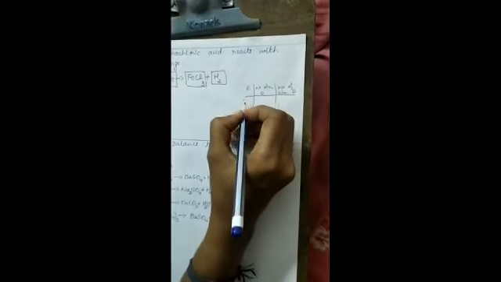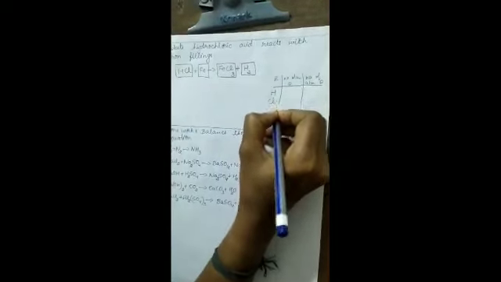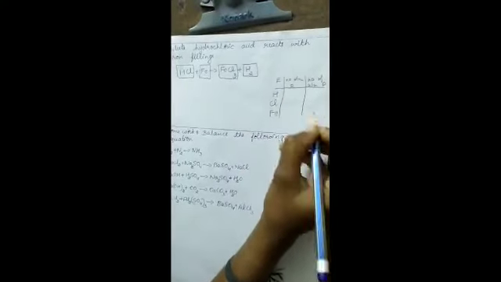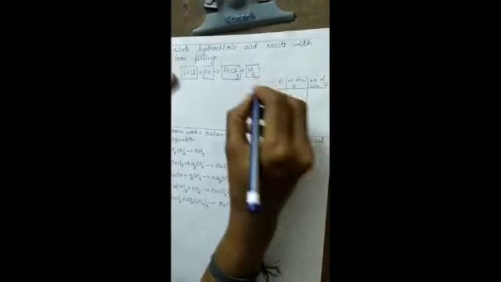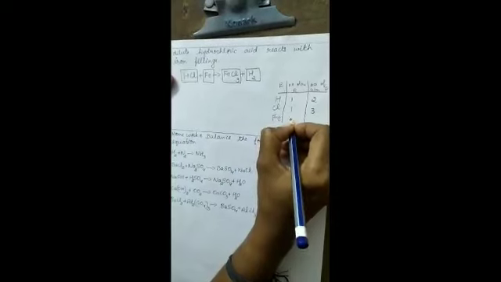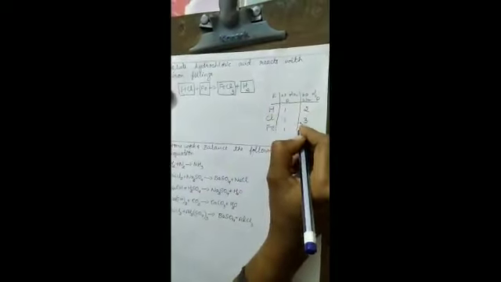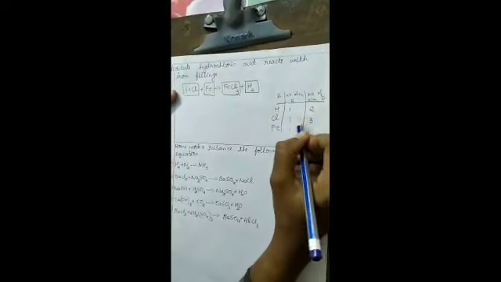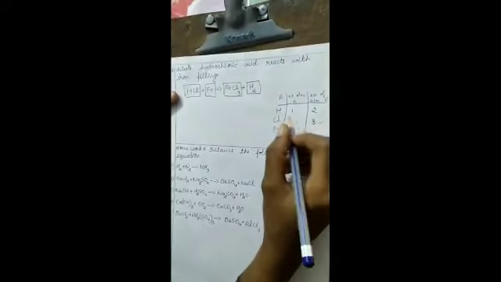Write the elements: hydrogen, chlorine, iron. Hydrogen only 1, in product it is 2, chlorine also 1, 3, and iron it is 1, 1. So here see the numbers, odd numbers are there. So you have to make them into even numbers. Let's start with chlorine.